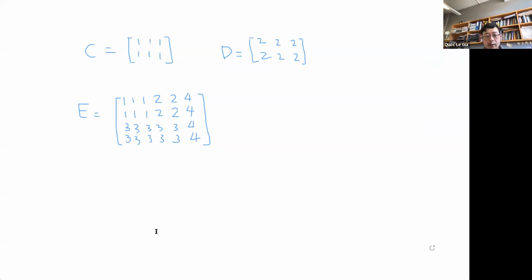So row 2, row 3 is only this one. But you don't take the full one, you take only from column 3 to 6. So column 3, 4, 5, 6. So you got 1, 2, 2, 4, then 3, 3, 3, 4, and you will see that.